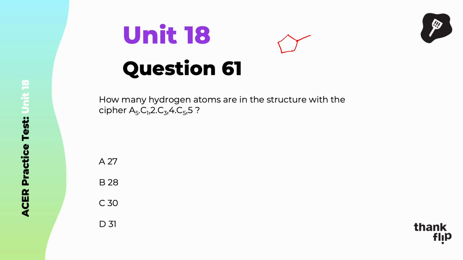Then at position 4, so let's go clockwise, so we have 3 and 4, we have a 3-carbon chain attached. So we have 1, 2, 3. And then at position 5, we have a 5-carbon chain attached. So that's 1, 2, 3, 4, 5.